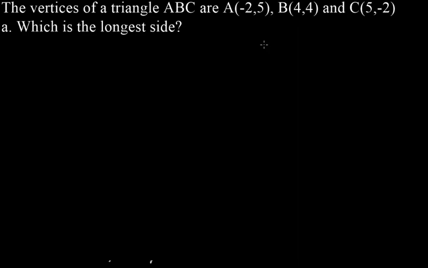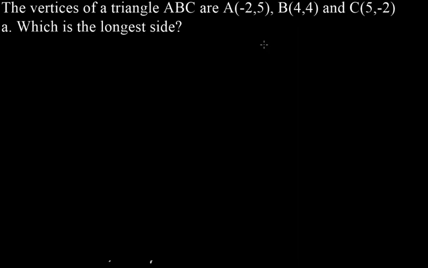Which is the longest side? So I want you to pause the video and just try to solve and say which one is the longest side. Otherwise, let's do it together, even as you have tried it on your own.